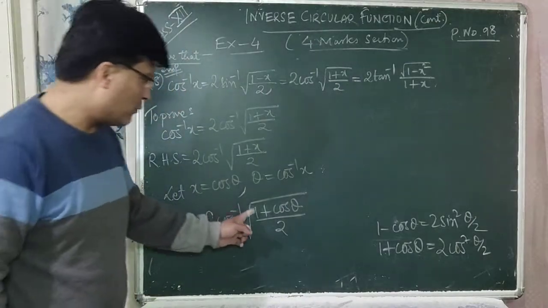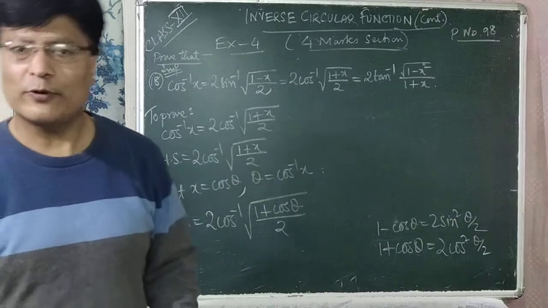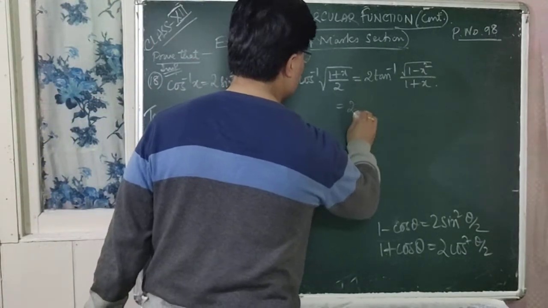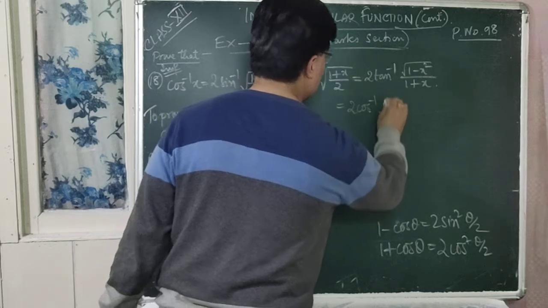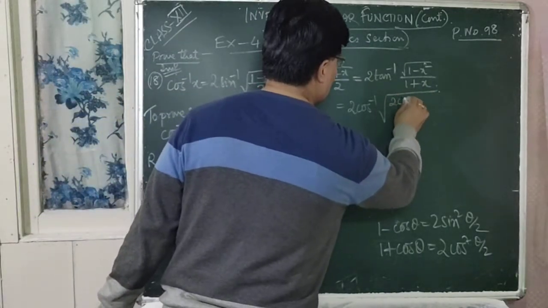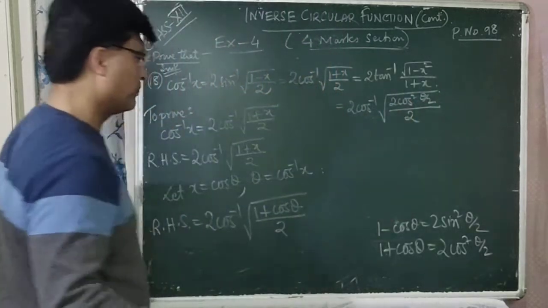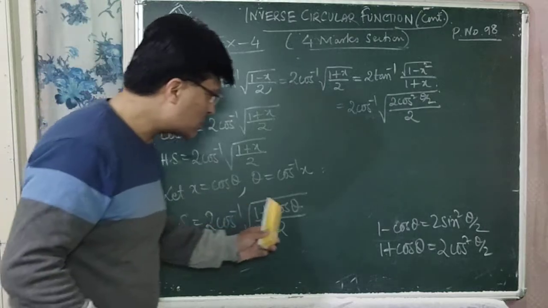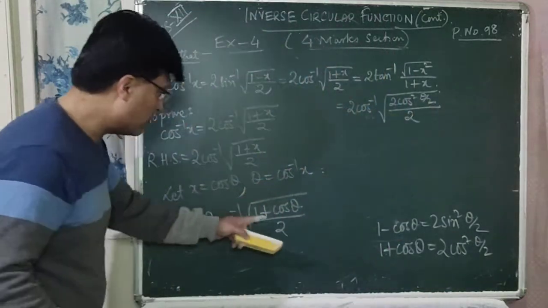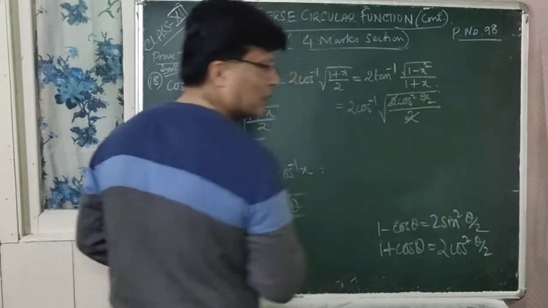Now you know the formula of 1 plus cos theta. 1 plus cos theta is equal to 2 cos square theta by 2 from submultiple angle, isn't it? So which is equal to, this is 2 cos inverse within square root. What is 1 plus cos theta? It is 2 cos square theta by 2 whole divided by 2. Is that understood? 1 plus cos theta is equal to 2 cos square theta by 2. We have written out here this whole divided by 2. Is that clear? So here 2 gets cancels, right?